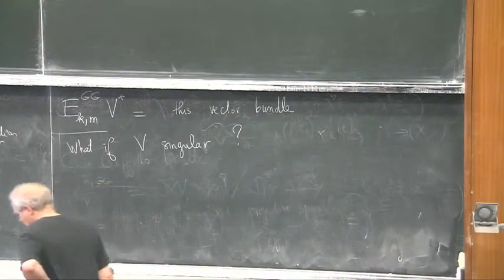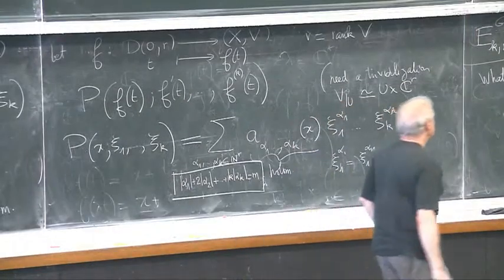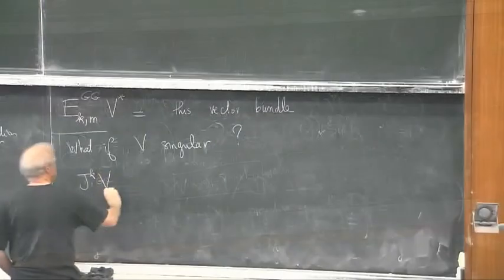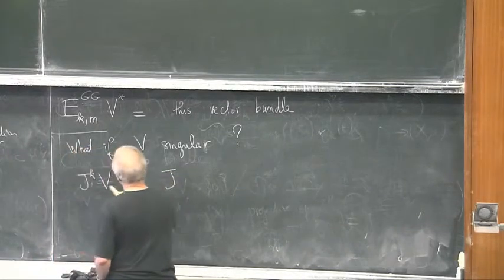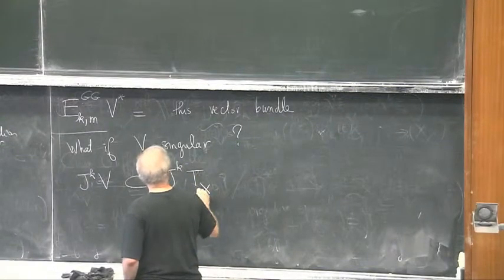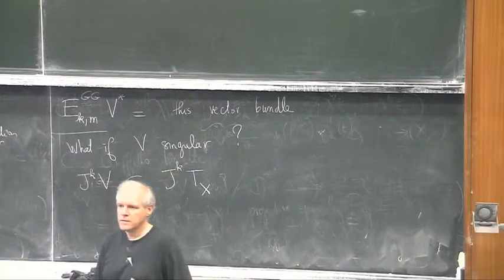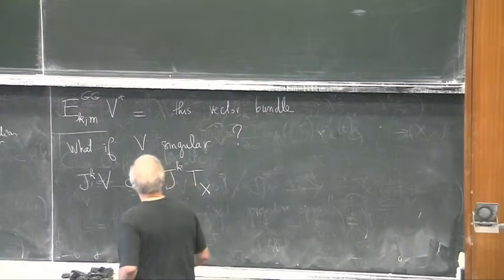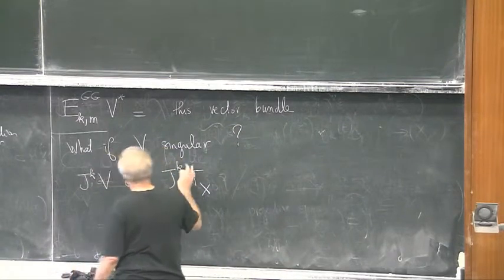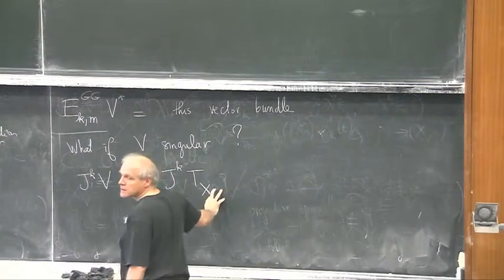Well, then you don't really have trouble, because you can always consider the k-jet bundle of V to be a closed subspace of the k-jet of the full tangent space. But assume X is smooth, so TX is a regular vector bundle, so this is well defined.